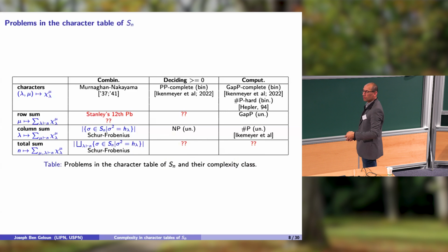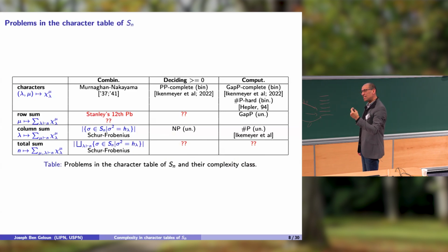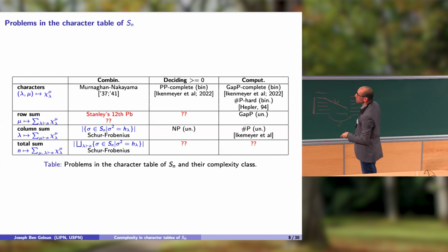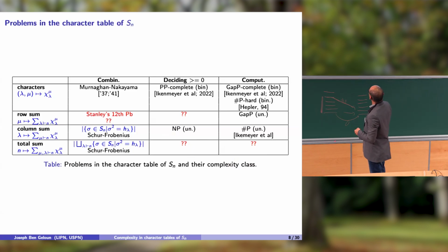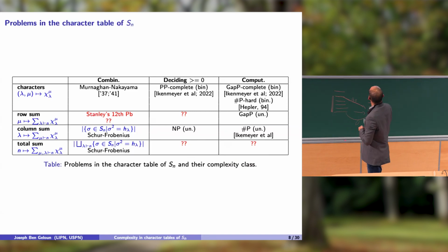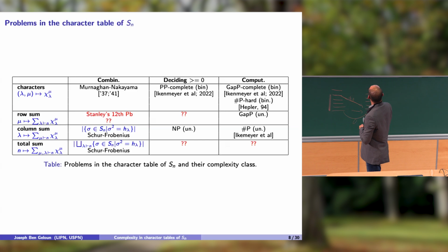Yes, but you have to tell me, is it hard or not hard to know whether that number is positive or not? I know it's positive. Yes, you know that. No, because it's a total sum, just one number. Yes, but that number can be zero. We know it's not zero because it's some permutation that is the square of another permutation.